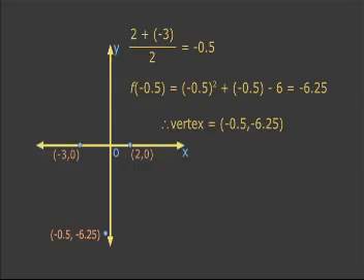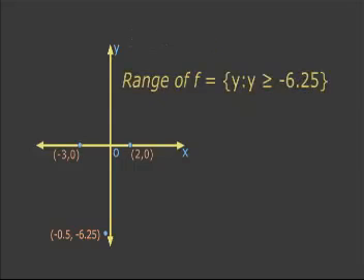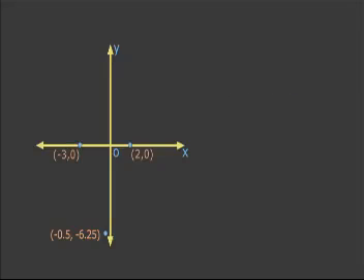This is the minimum of the graph of f. The range of f can be written as y ≥ −6.25. Having plotted these 3 points, we may draw our function.